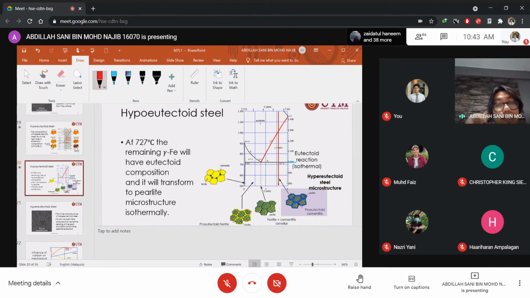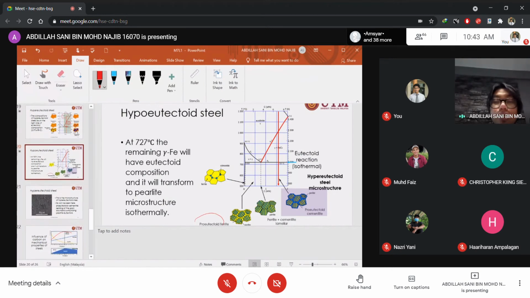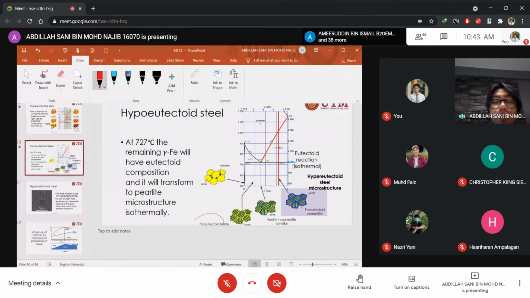You can see that there is a formation of cementite in blue color. So cementite first, pro-eutectoid. Pro-eutectoid ferrite you have here in yellow for the hypoeutectoid.